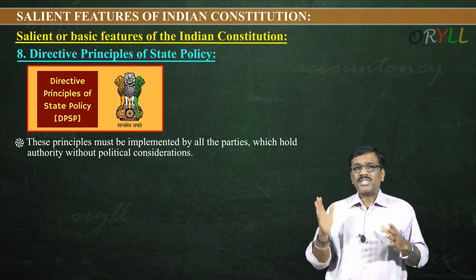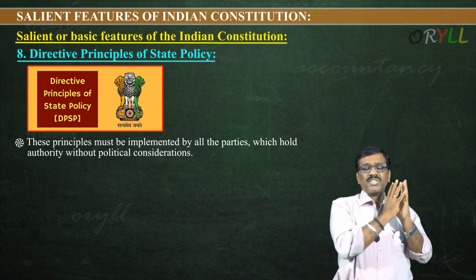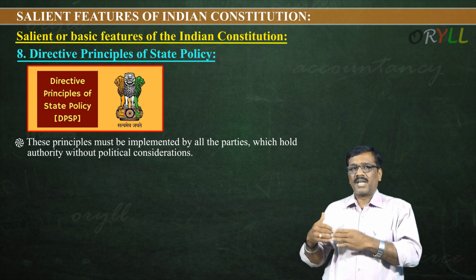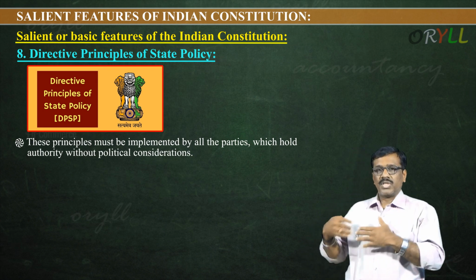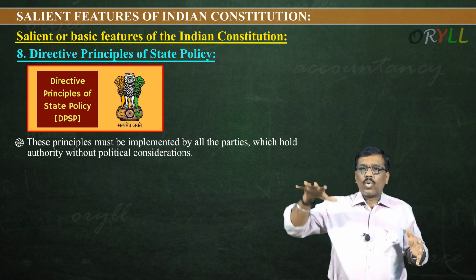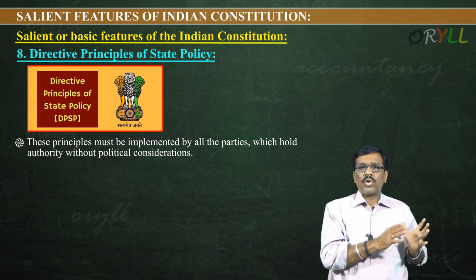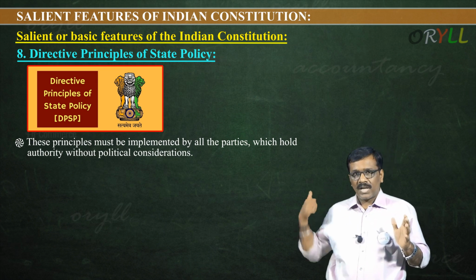When the government is implementing things for the welfare of the people, it should not say, because we belong to this party or this religion, we implement only these kinds of things. For the overall general welfare of the people, you have to follow certain things, irrespective of which political party you belong to.